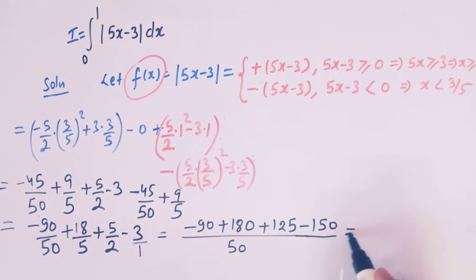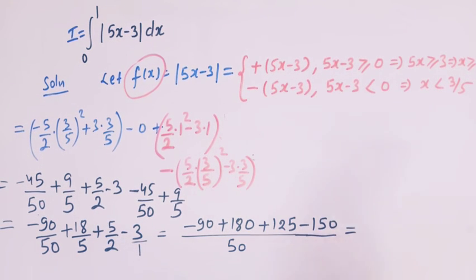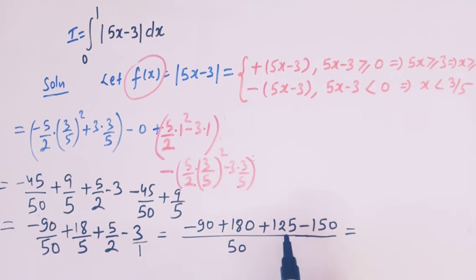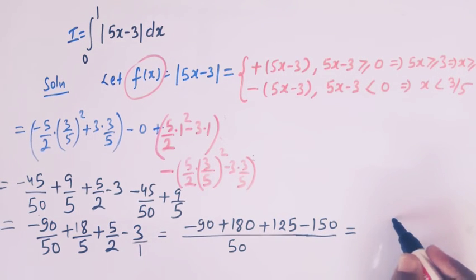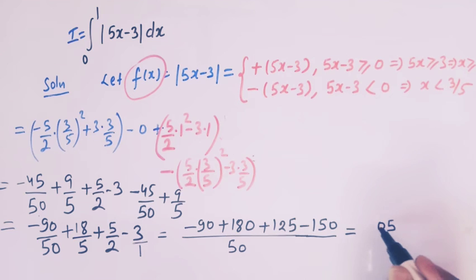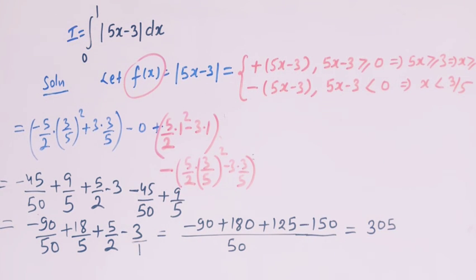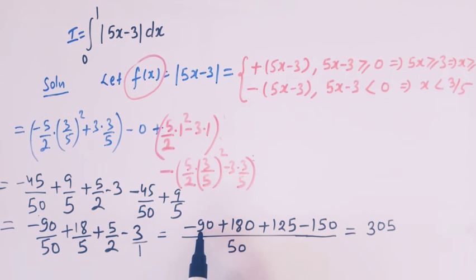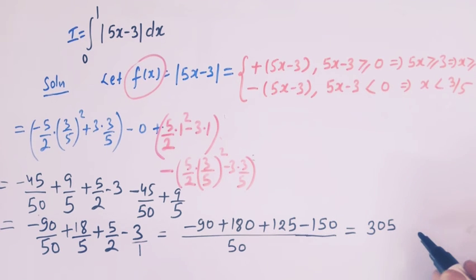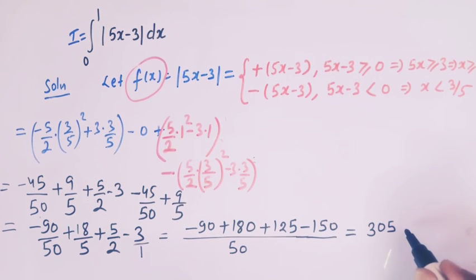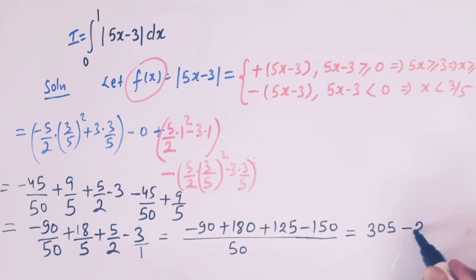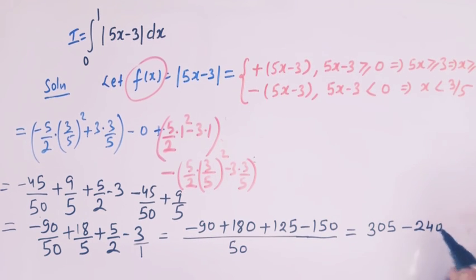Okay, now if we simplify the numerator, then we'll have 180 plus 125 is 305, and minus 90 and minus 150 is equal to 240, right?